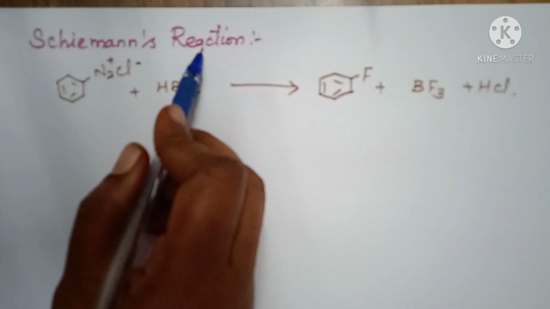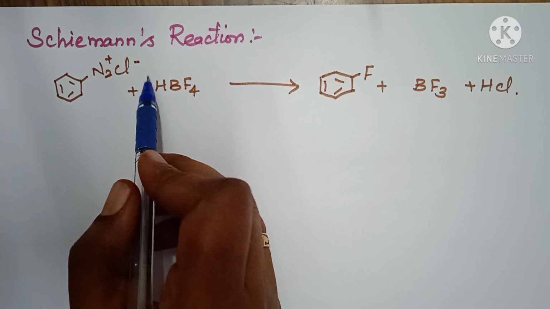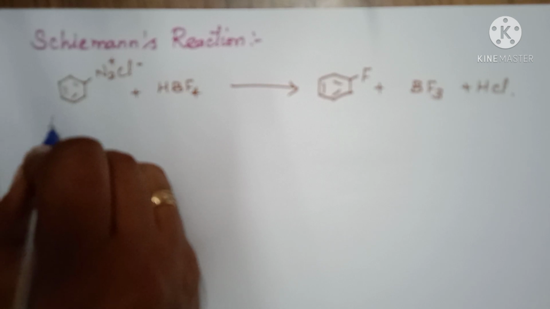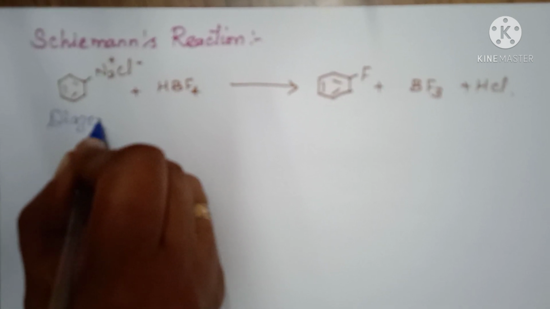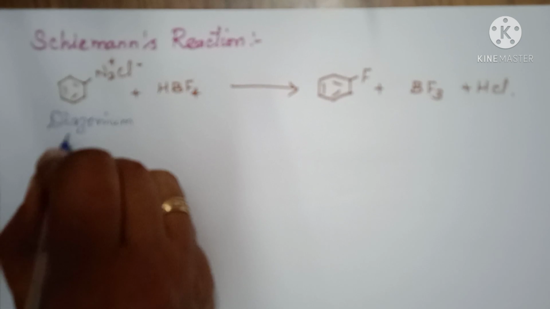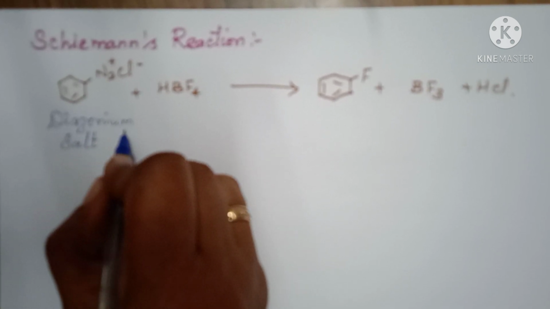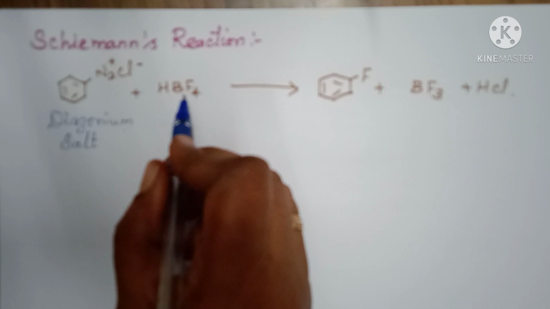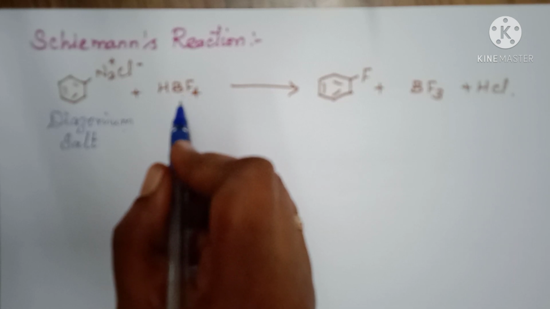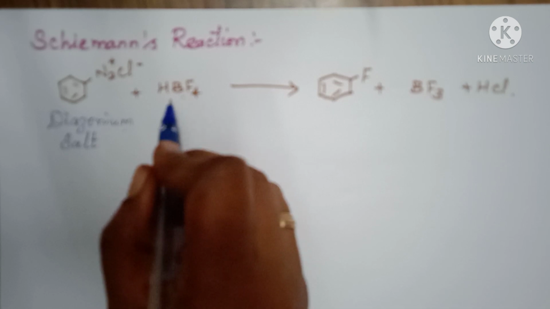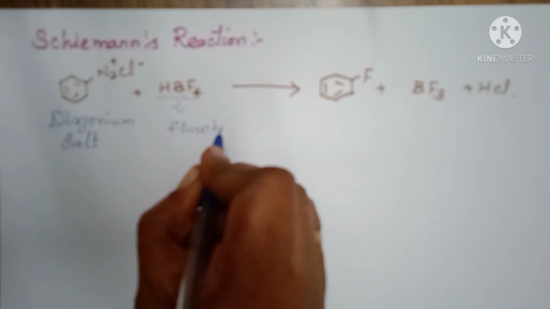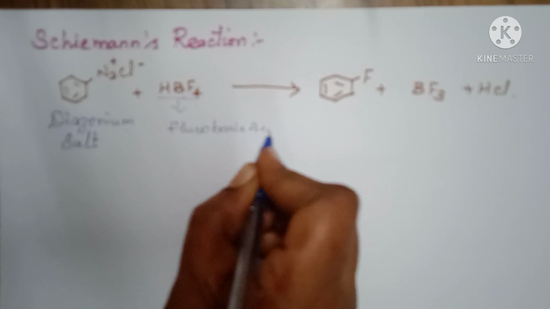Next one. See, Schiemann's reaction, which is very easy. This also comes under removal of the diazo group only. So the diazonium salt is combined with hydrogen tetrafluoroborate, which is fluoroboric acid.